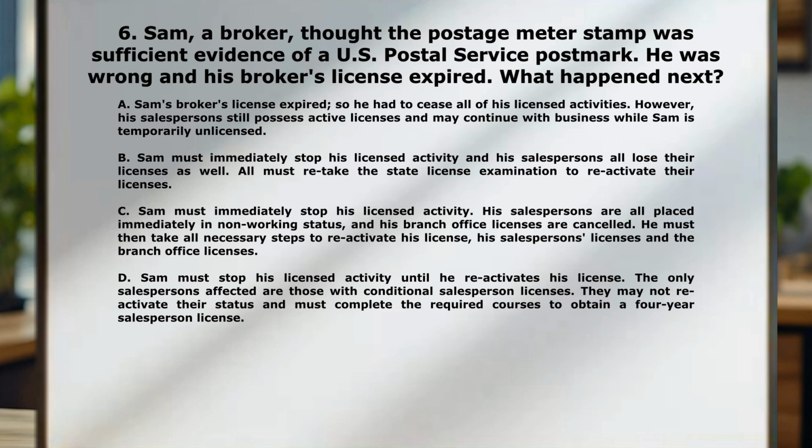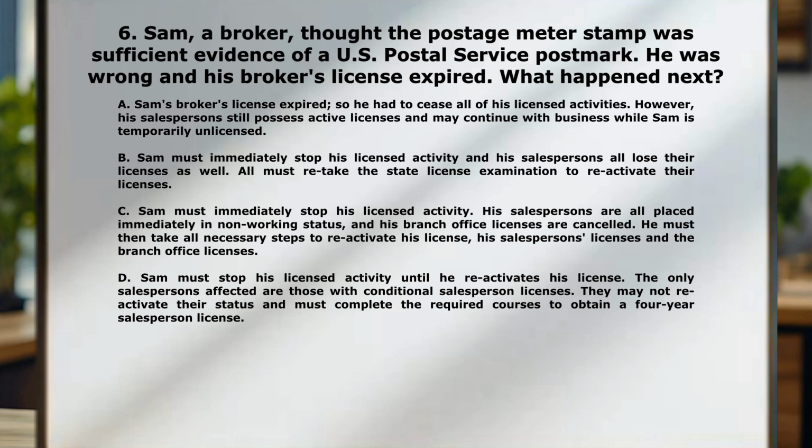D, Sam must stop his license activity until he reactivates his license. The only salespersons affected are those with conditional salesperson's licenses. They may not reactivate their status and must complete the required courses to obtain a 4-year salesperson's license.